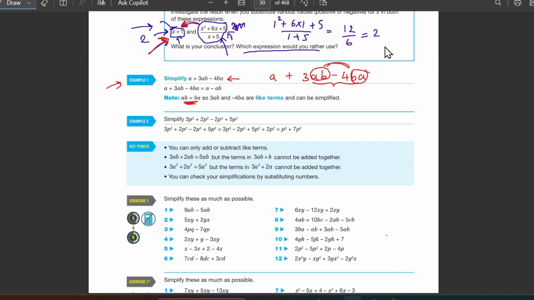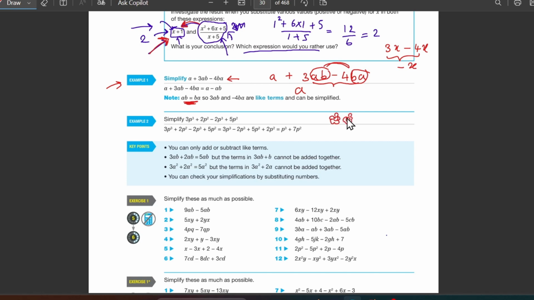You know that 3x minus 4x, what is the answer? It will give us minus x. Same thing here. Let's think that x is a flower.